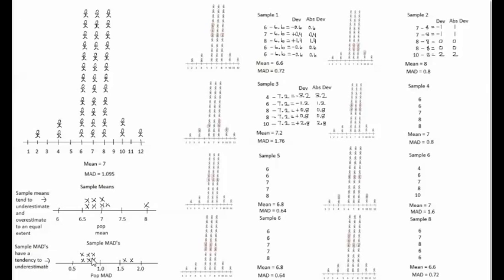So if we kept on taking more and more samples of 5 people and calculating the mean absolute deviation each time, we would continue to have more x's piling up in this underestimating area down here, and fewer x's piling up here in the overestimating area.